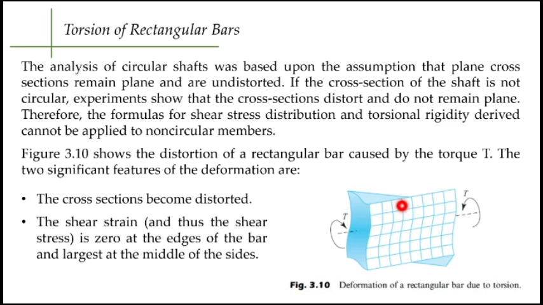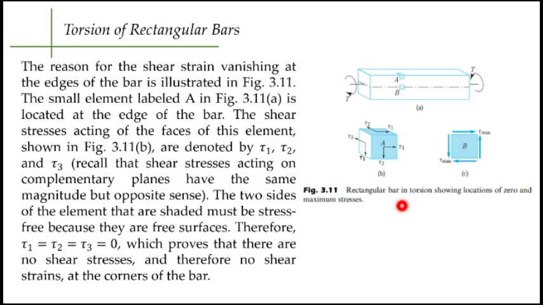The shear strain, and thus the shear stress, is zero at the edges of the bar and largest at the middle of the side. It's the opposite for your circular. So therefore, torsion of rectangular bars has its own set of formulas.